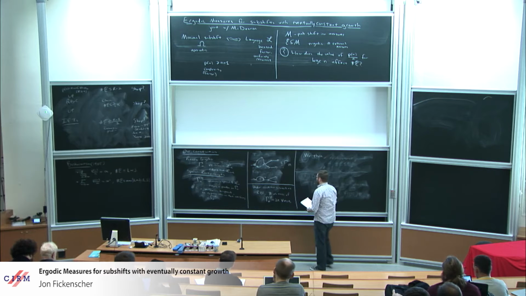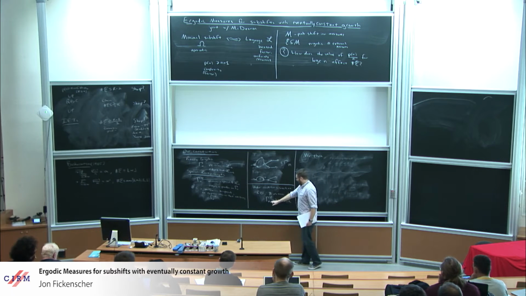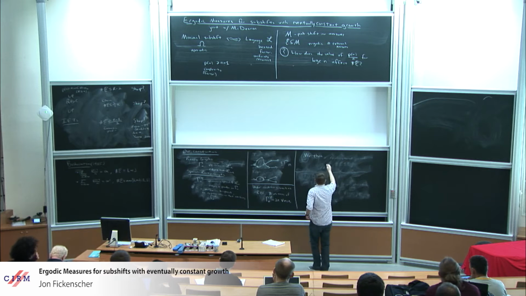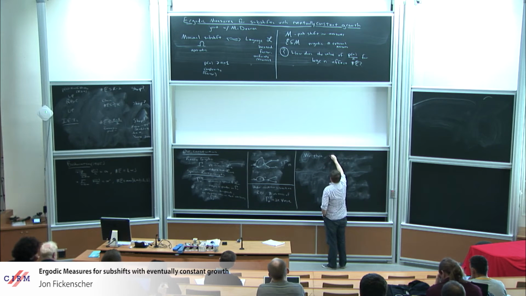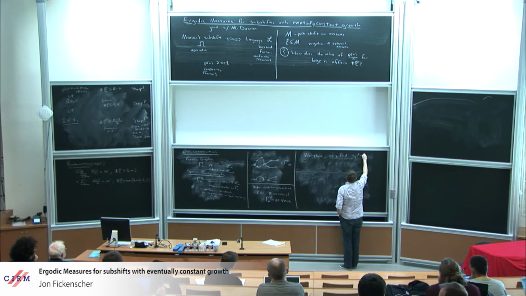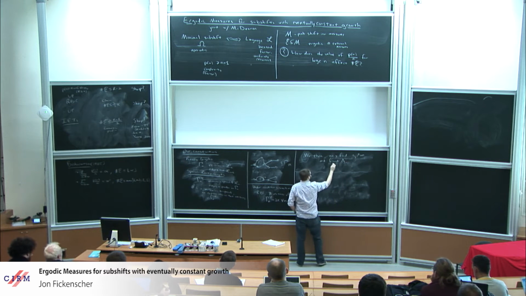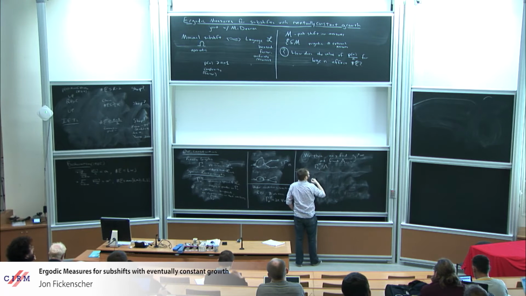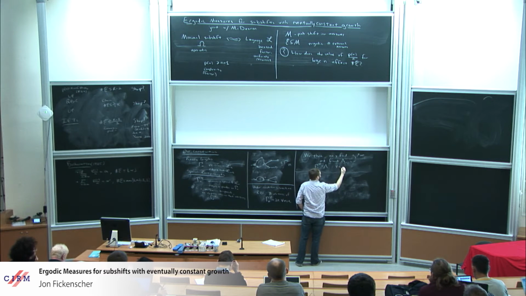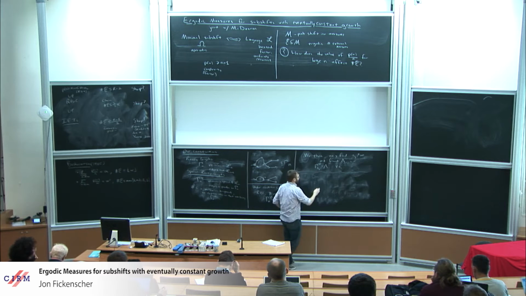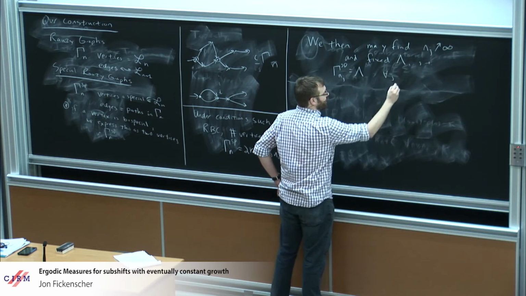So what we do is, because of this property, the fact that we have a finite number of these graphs, we then may find an increasing sequence of n's and a fixed special graph, lambda, such that this is the graph that we see infinitely often. So nothing but just pigeonhole, a very harmless statement to say.